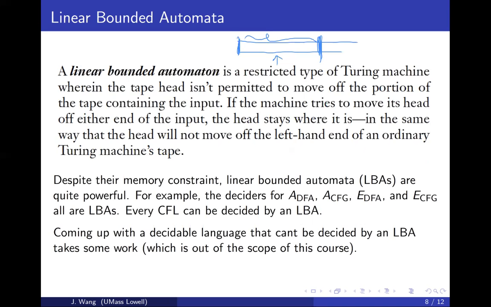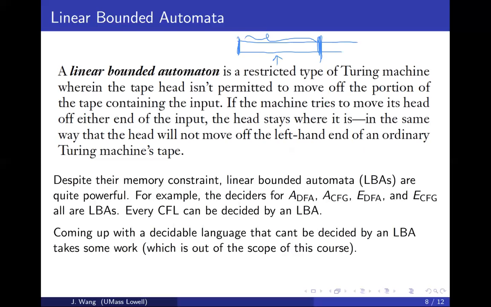Despite their memory constraint, linear bounded automata, or LBAs, are quite powerful. For instance, the deciders for A_DFA, A_CFG, E_DFA, and E_CFG are all LBAs.